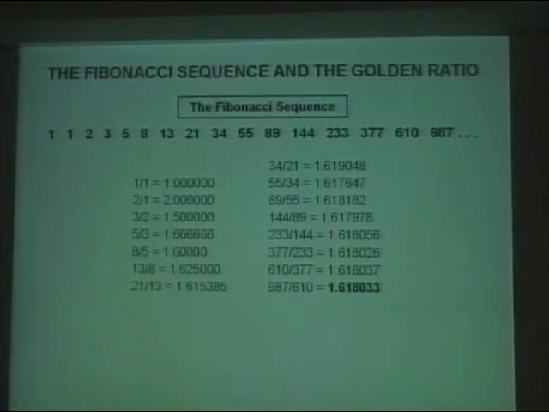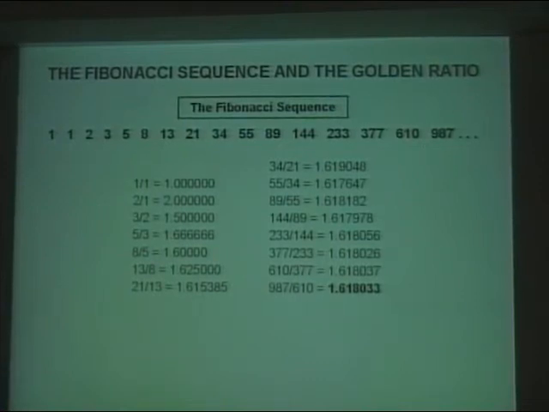Do you see anything in them which is of interest? Where have we arrived at the end? 1.618. Does that remind you of anything? That is close to the golden ratio, right?